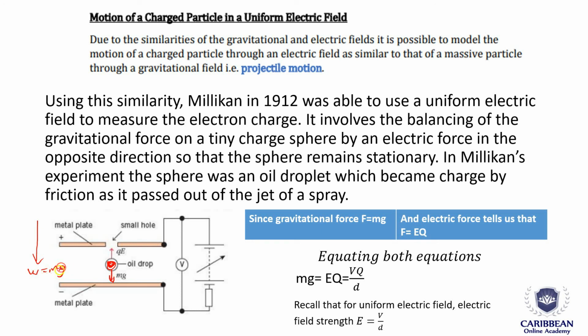But because he was able to balance that out with the electric force generated between the parallel plates, he was able to quantify the actual charge on an oil droplet. So you will more than likely be able to explain this experiment.